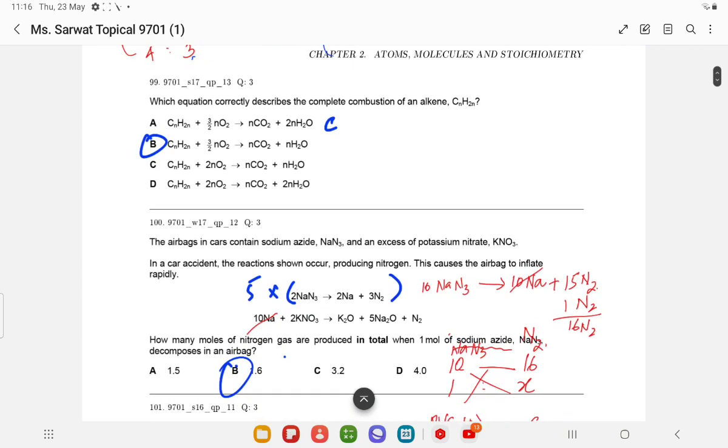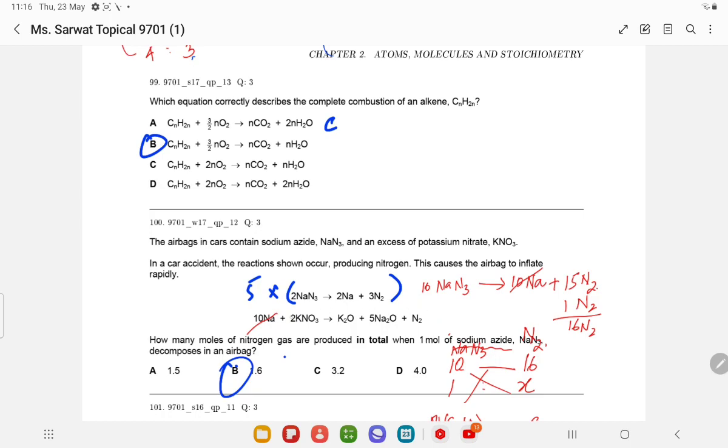So next question is, the airbags in cars contain sodium azide and an excess of potassium nitrate. In a car accident, the reactions shown occur, producing nitrogen. This causes the airbag to inflate rapidly. So we have two equations. To balance these two equations, we multiply by 5.